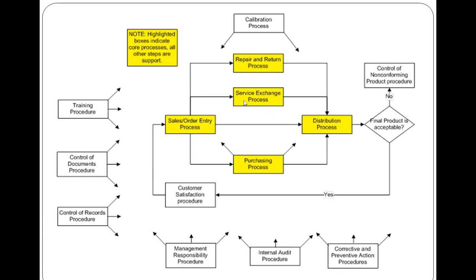We have service exchange, repair and return, distribution. These are not what you would think of as your typical processes, but again, that goes to the level of thought that went into this IOP when the organization put it together. Again, they approached it from the standpoint of what are our processes? What are the things that make up our quality system?